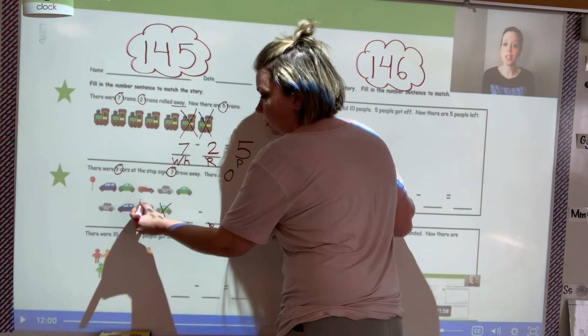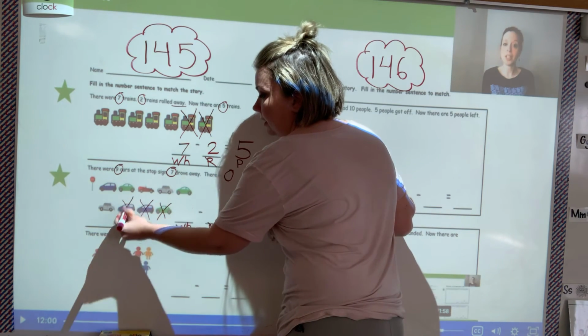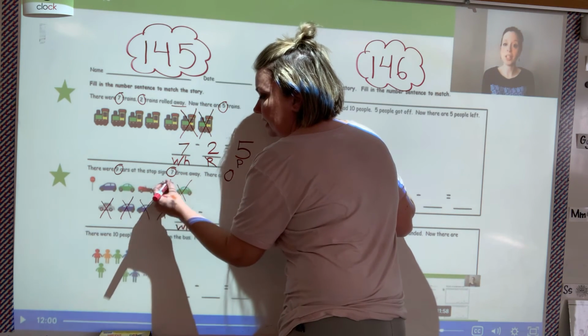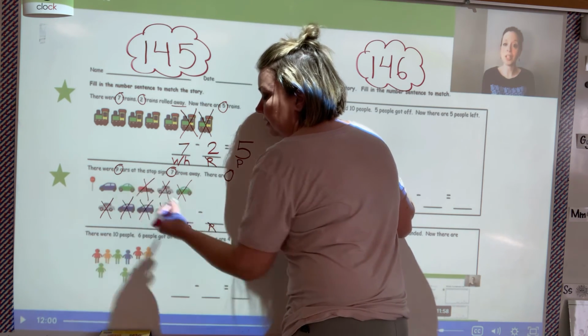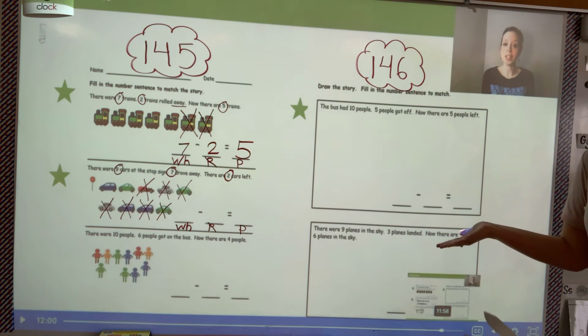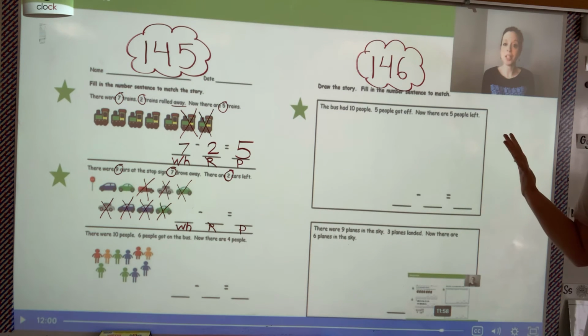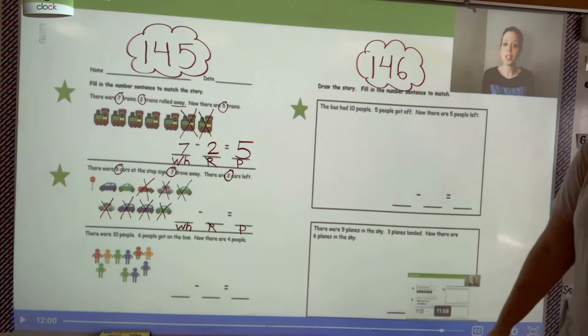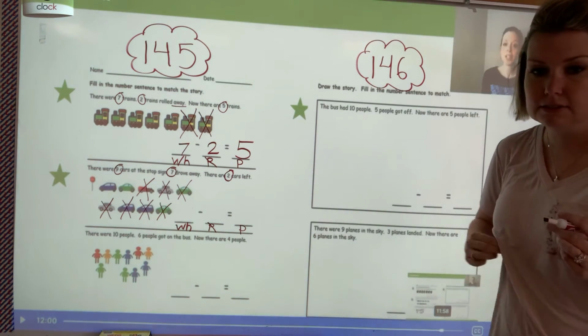1, 2, 3, 4, 5, 6, 7. Am I ready to fill in my number sentence now? Yes, I am. Who can raise their hand and tell me what you put for your number sentence?